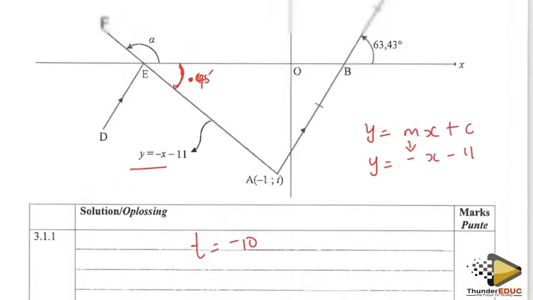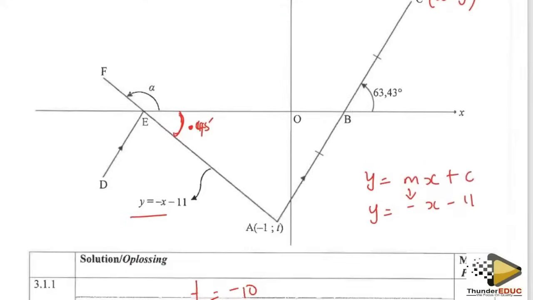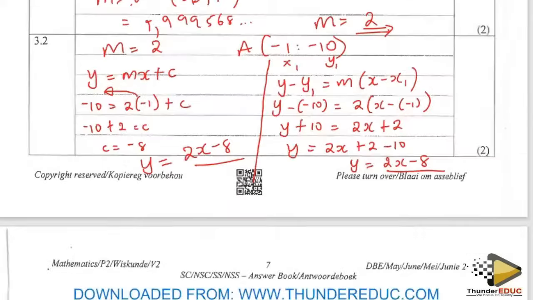So if I call the coordinates of C to be X and Y, I'm going to combine this X and this -1 so that I can get my 4. The X and this -1 must give me a 4. It's a midpoint. And then this Y and the -10, combined using the midpoint, must get to 0.